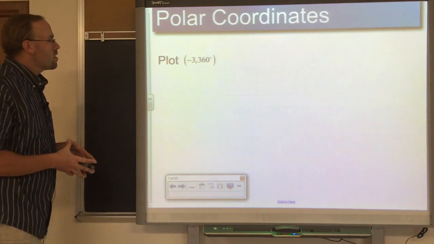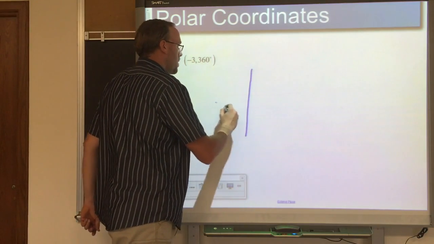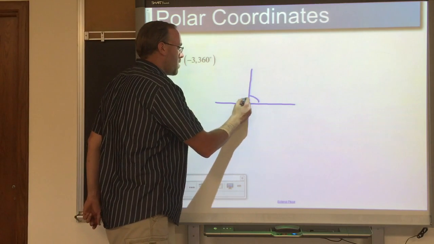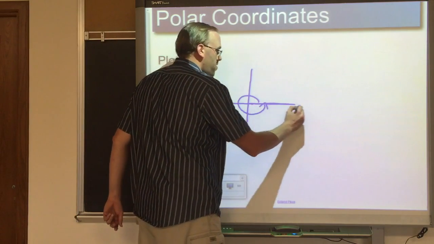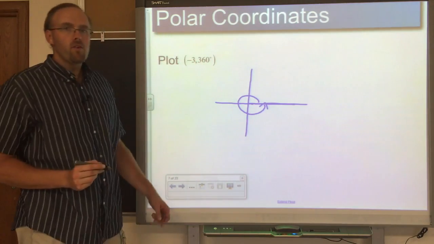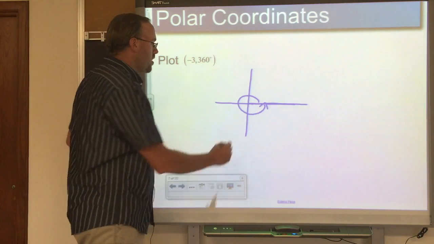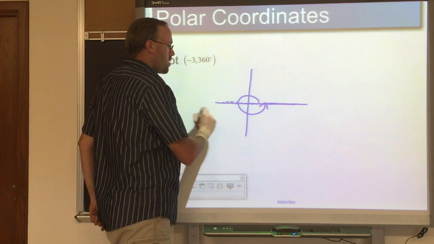Here, 360 degrees, -3. Now if we think about this, wait a minute, 360 degrees, that's a full circle. That would turn us right back to here. So this is the angle we're talking about. However, since it's a negative, we're not going to be looking in this direction. We're actually going to be looking in this direction. We're going to be looking backwards.